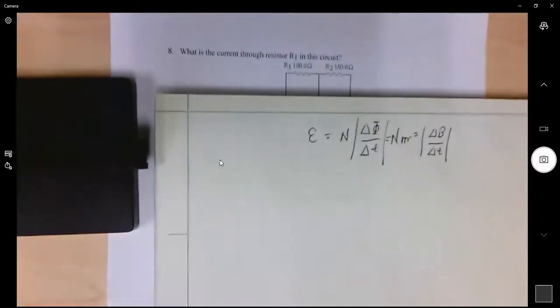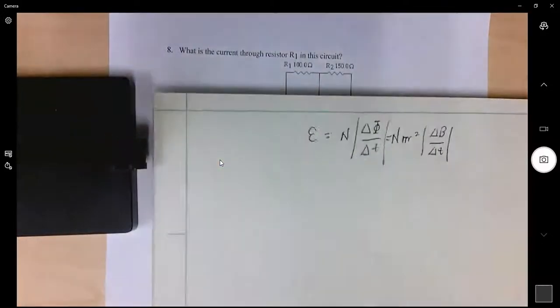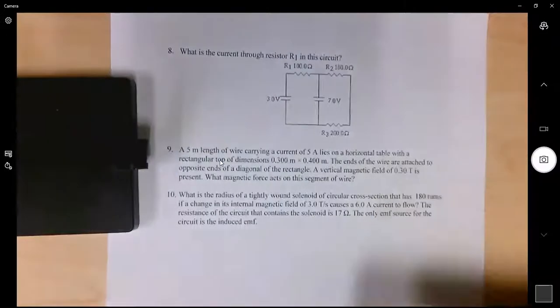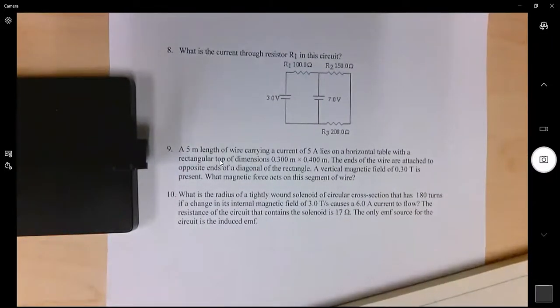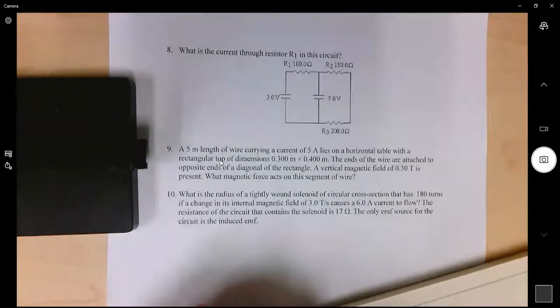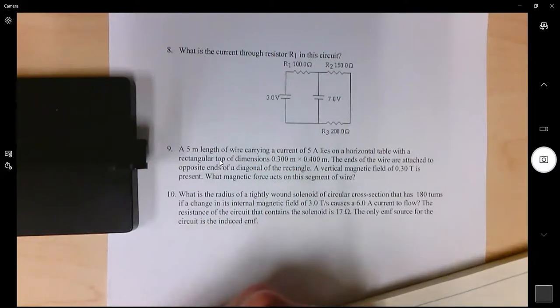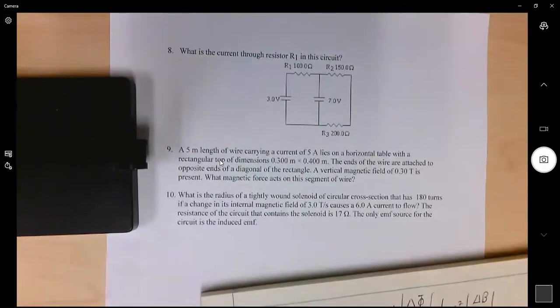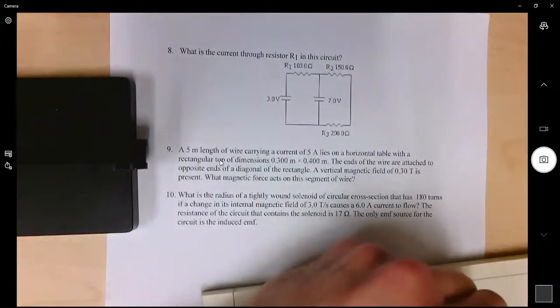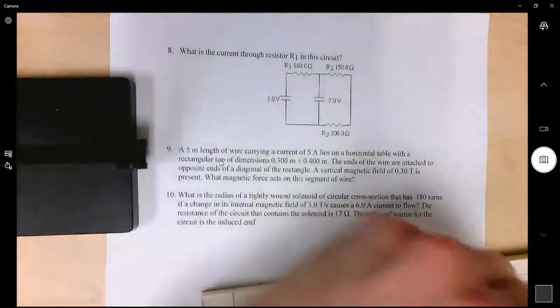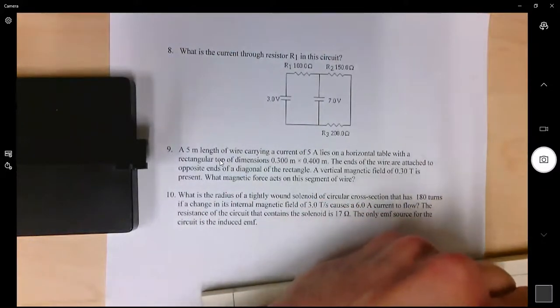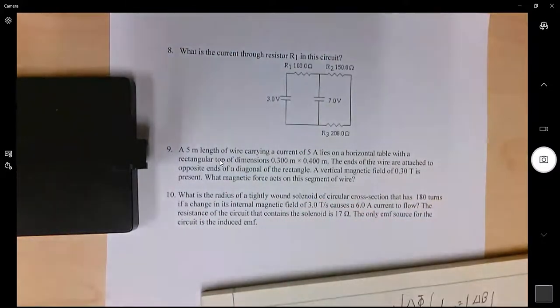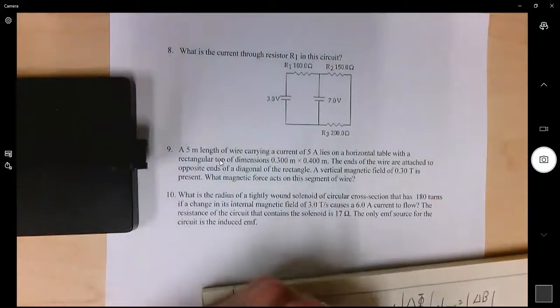Okay, so I know the number of turns, N equals 180 turns. And I know delta B over delta T is 3 Tesla per second. And I know what E is.